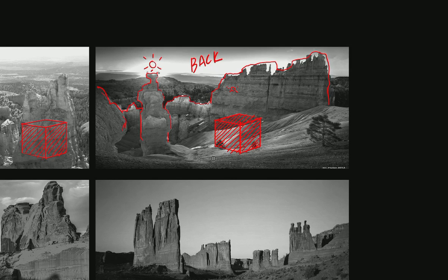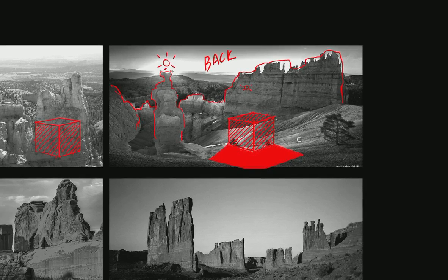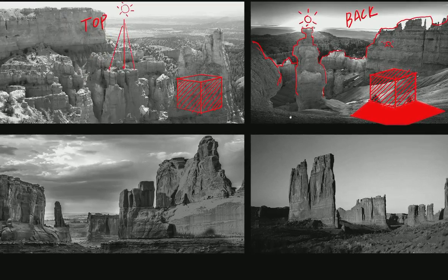So none of this is going to be lit. And the cast shadow here is actually going to be coming towards us. So that's what that lighting scenario would be here.